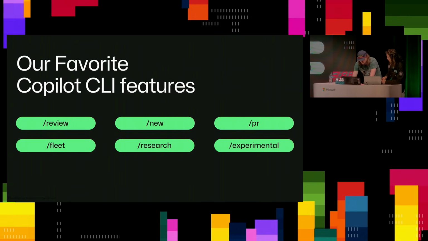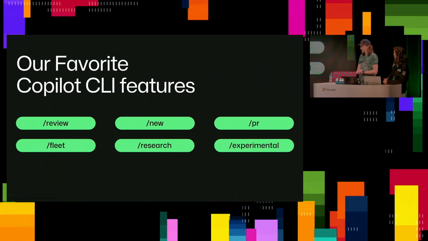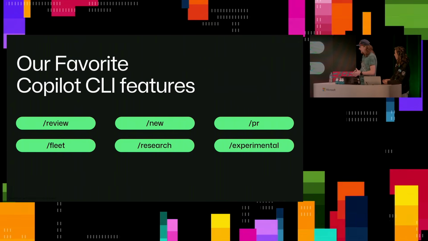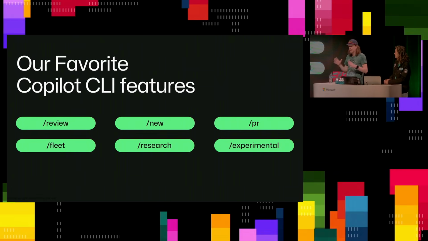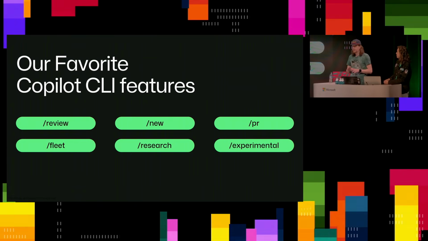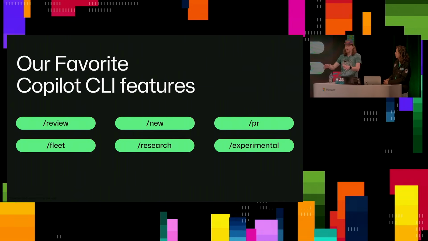And then research and experimental are actually new, right? Those ones are pretty cool. So research is really incredible. It uses this technology at GitHub called Blackbird, which is our code search engine. So Blackbird has access to search every open source repo, all of your private repos.